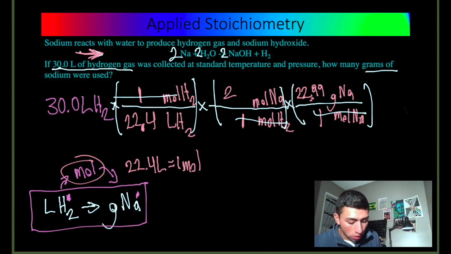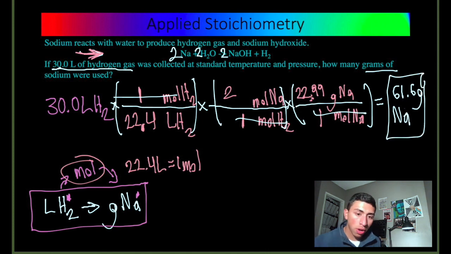You should get an answer around 61.6 grams of sodium. And so this is how we solve this problem. It's not too difficult. It's more complex than the last 2 problems that we went over, but it's totally doable.